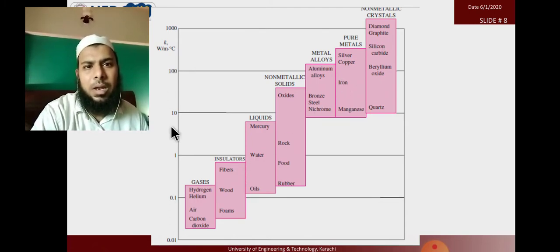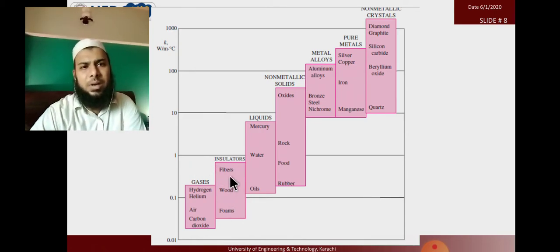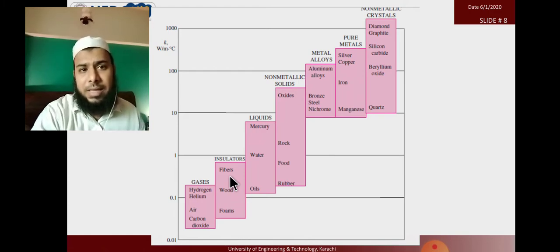These are the levels of thermal conductivity for different materials. In gases, the thermal conductivity is lower, as we get in insulations.